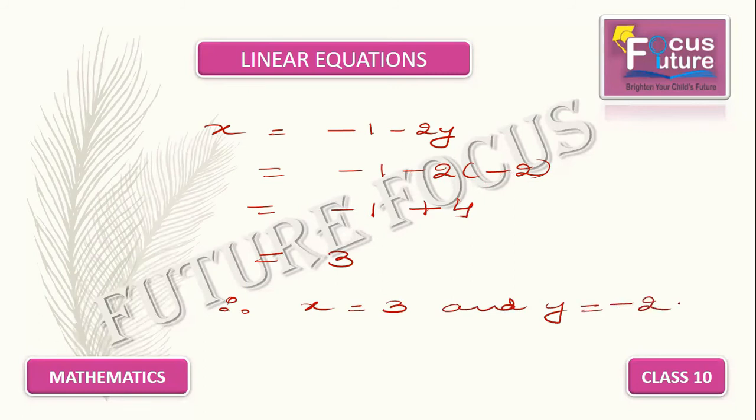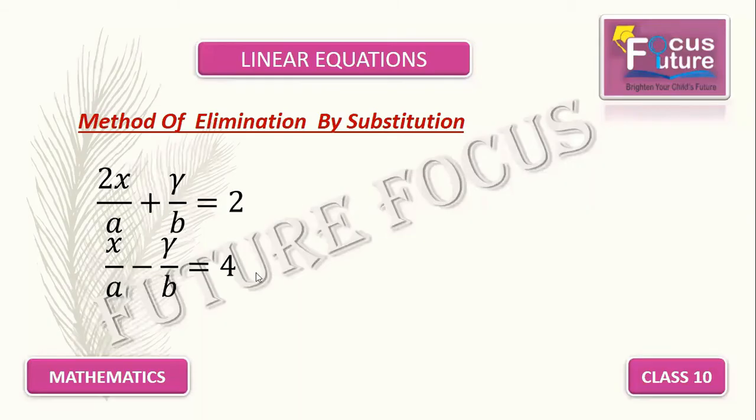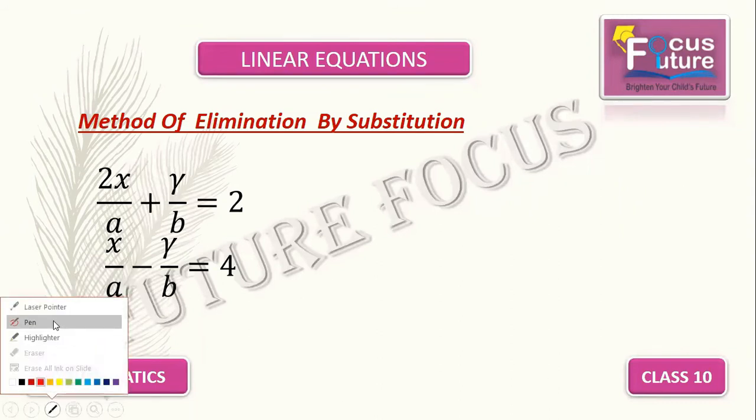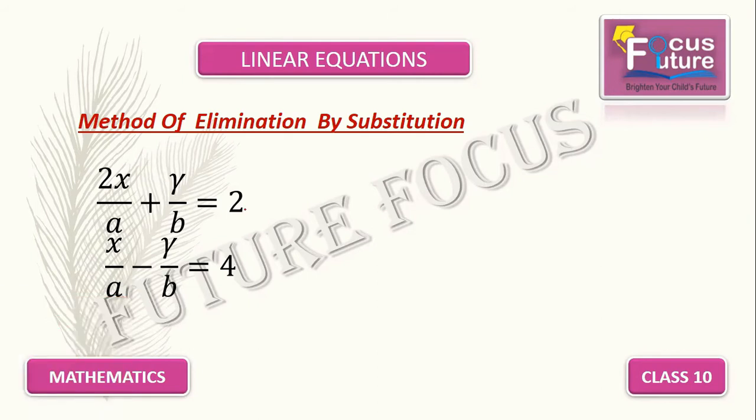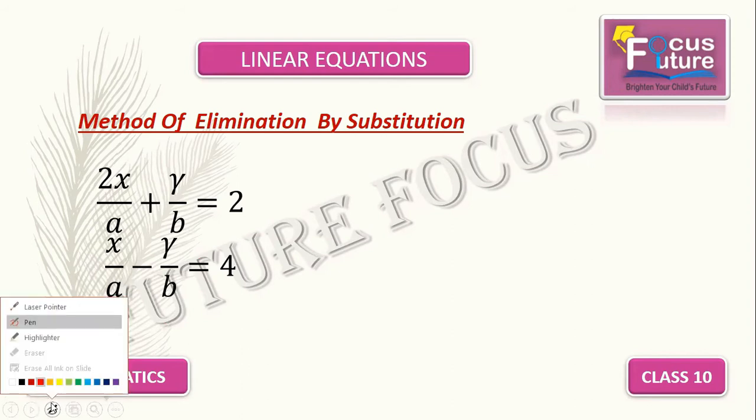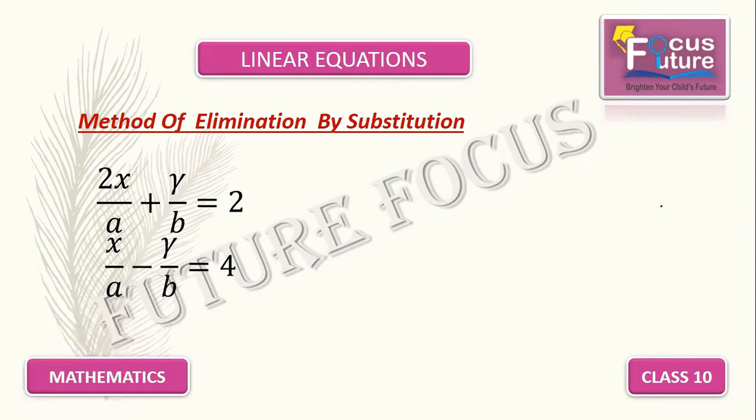Now, let us solve our next problem on the same method, method of elimination by substitution. So, you have these two equations, right? Same method, take this equation as equation number 1 and take this as equation number 2.